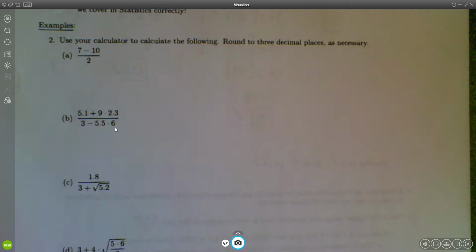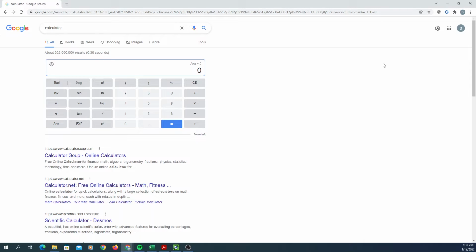And that's not what I want it to do. I want it to do 5.1 plus 9 times 2.3, and then I also want it to do 3 minus 5.5 times 6, and then I want it to divide those two things. So I've got to put parentheses around the stuff in the numerator, parentheses around the stuff in the denominator. Here's what it would look like.